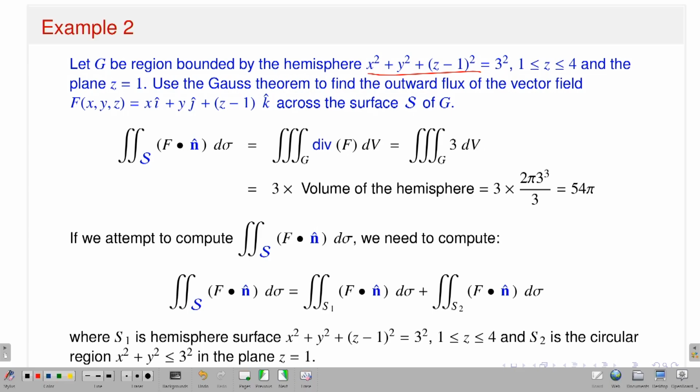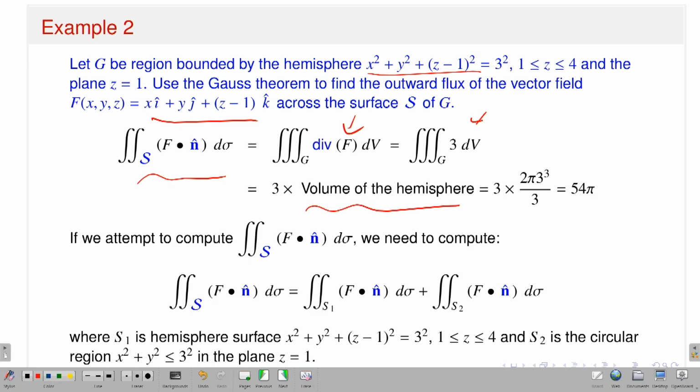Then you have to use Gauss theorem to find the outward flux of your vector field capital F across the surface S that bounds the region G. The left hand side is nothing but the outward flux of my vector field capital F across my surface. By Gauss divergence theorem this is the triple integral over my region G of the divergence, and you just calculate the divergence of the vector field. It is exactly 3, so 3 will come out.